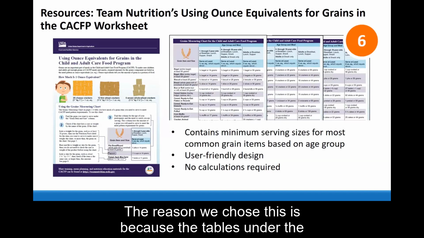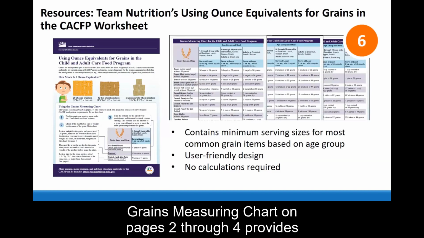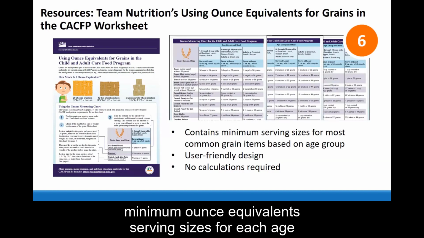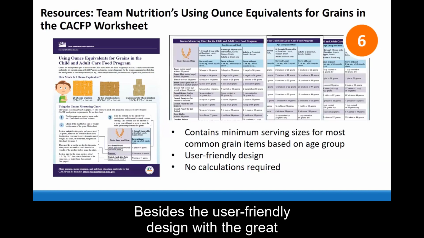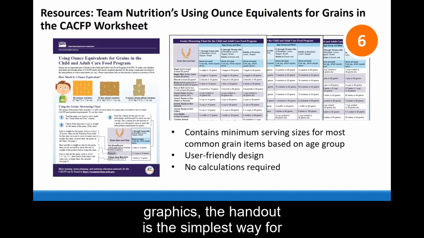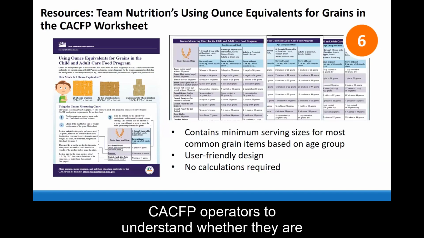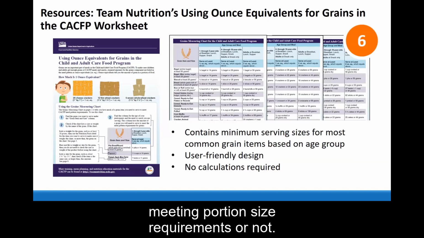The reason we chose this is because the tables under the grains measuring chart on pages 2 through 4 provide minimum ounce equivalent serving sizes for each age group for about 90% of common grains served. Besides the user-friendly design with the great graphics, the handout is the simplest way for CACFP operators to understand whether they are meeting portion size requirements or not.